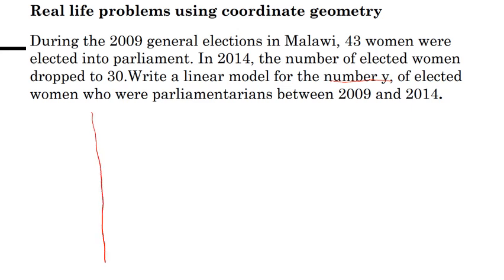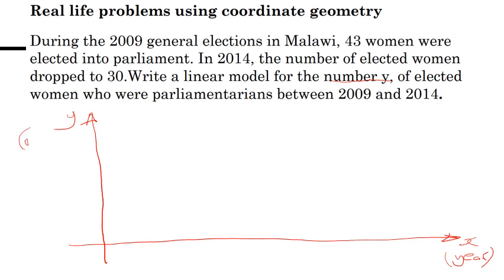The number of MPs will be represented by Y, while time will be represented by X. We start from 2009, then 10, 11, 12, 13, 14, maybe up to 15, 16, 17, 18, 2019. In this scenario, in the 2009 general election 43 women were elected.